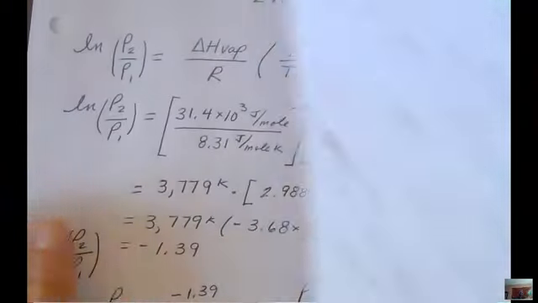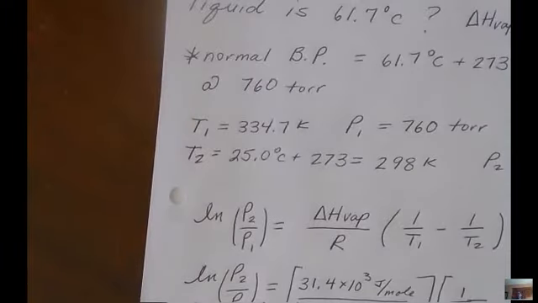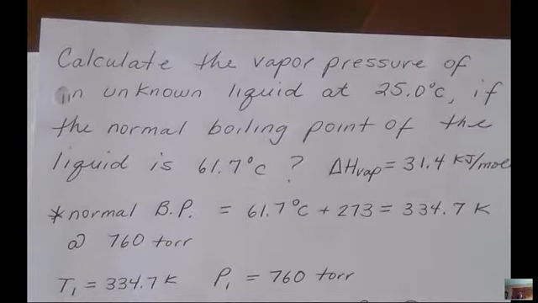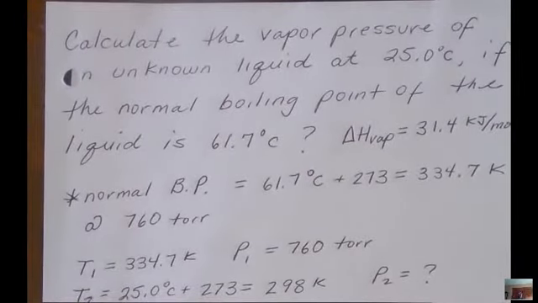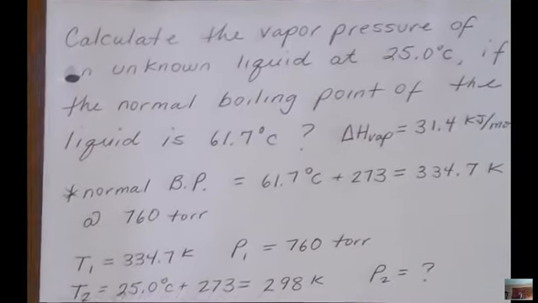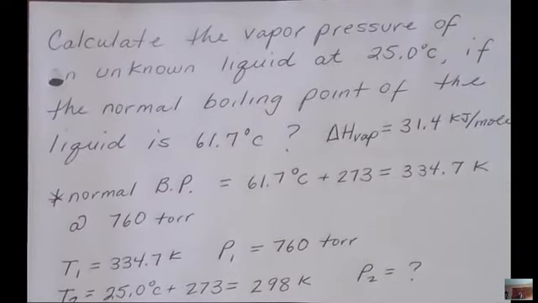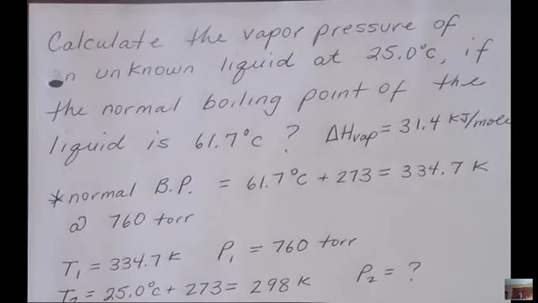Okay, let's do a sample problem. Now remember, I could always make these tricks, and the trick that all chemistry teachers like to ask you is, instead of just straight up giving you 2 pressures and 2 temperatures, they talk about the normal boiling point. So you have to realize, wait a minute, I don't have the second pressure. How can I do this?